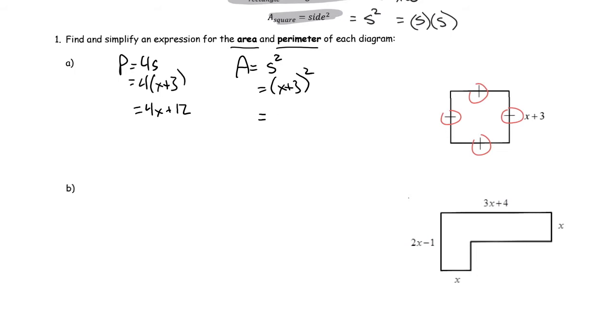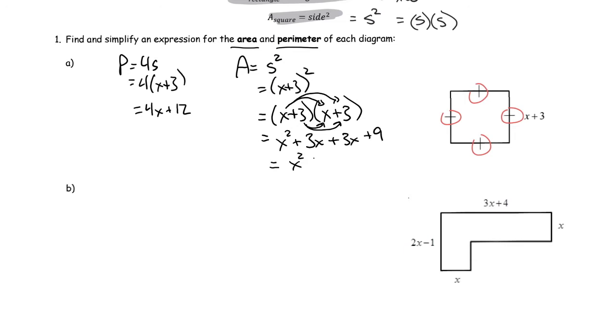You're far better off writing that out twice and then using the distribution rule that we looked at before, where we take this first term, x, and distribute it to both terms, and then take the 3 and distribute it to both terms. So we get x times x is x squared, plus x times 3 is 3x, plus 3 times x is 3x, plus 3 times 3 is 9.